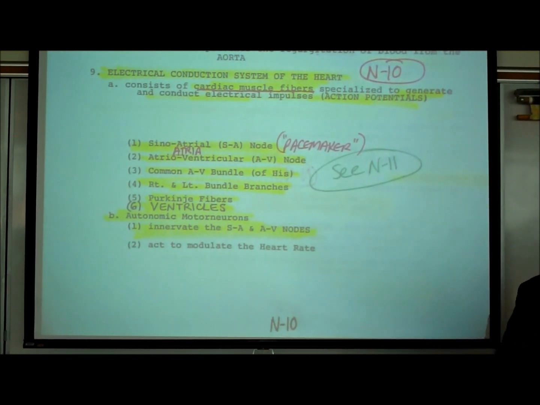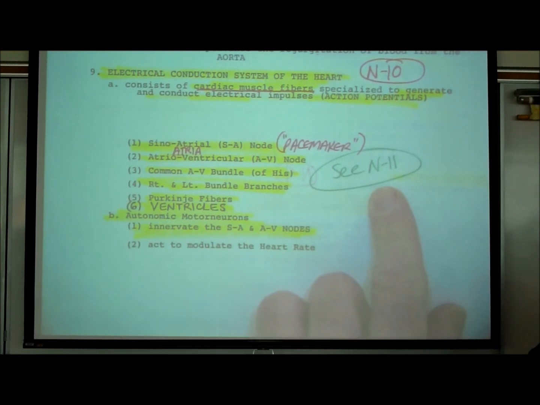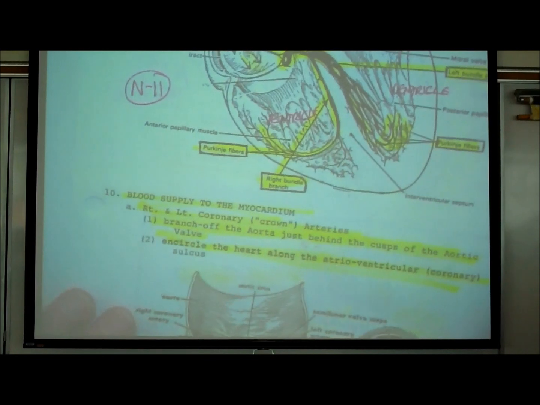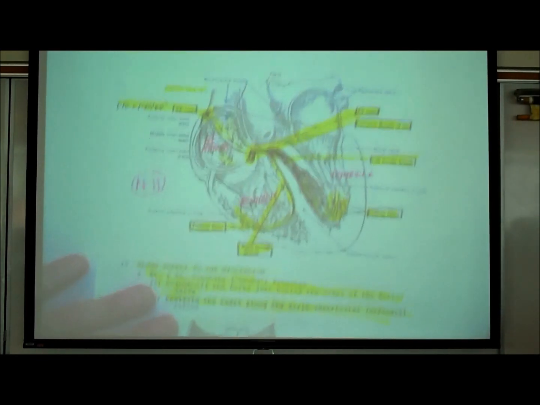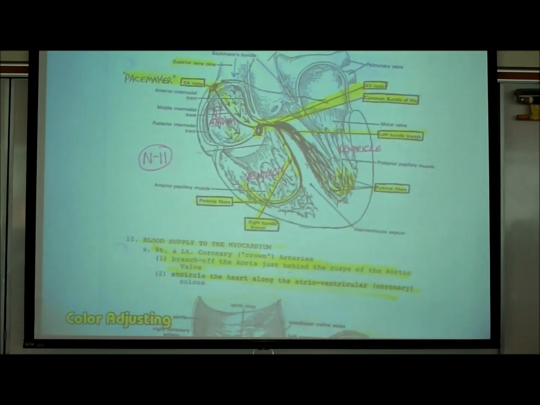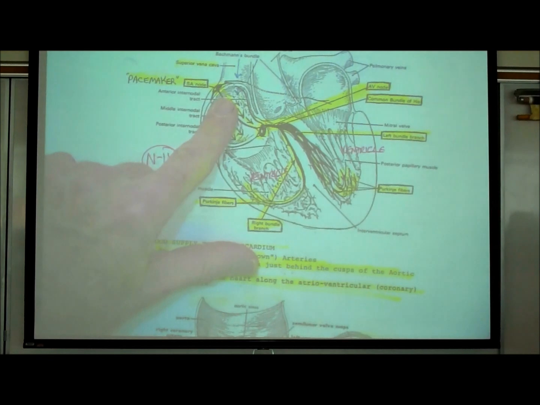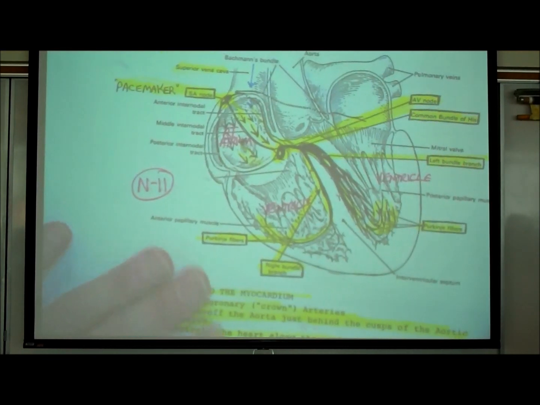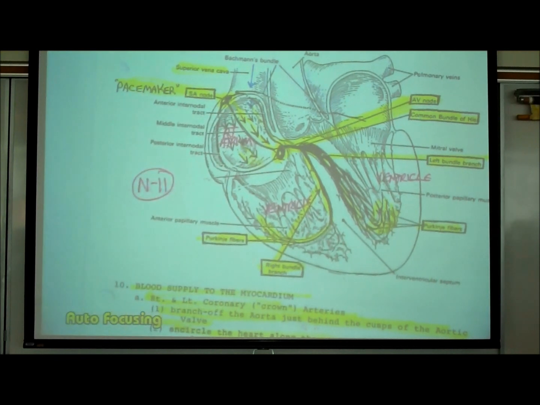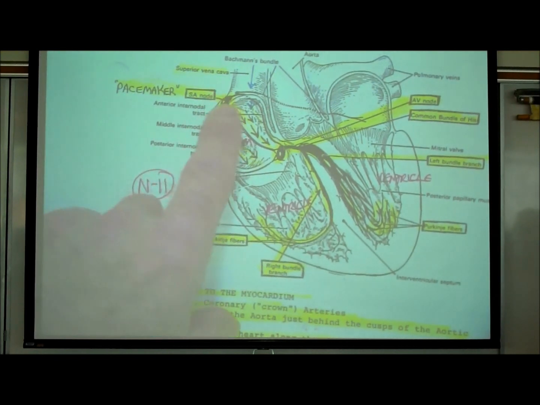Now, to help us see this better, let's look on the next page, N11. On page N11, we're looking at a kind of cutaway view of the heart, viewed from the front, the anterior side. Right up here, it says SA node, sinoatrial node, and I wrote that's the pacemaker.